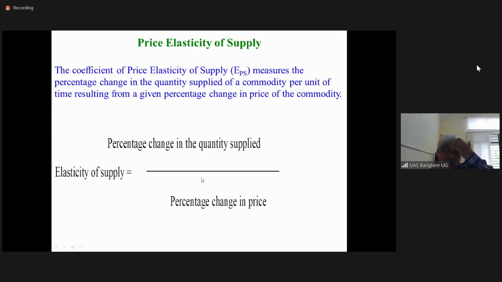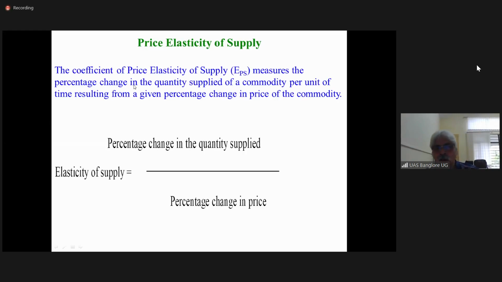Coming to price elasticity of supply. Hitherto we were discussing the price elasticity of demand. Now we are moving over to price elasticity of supply. I'll have to go through a bit faster here because the concept is the same. Only thing is, instead of quantity demanded, it is quantity supplied.